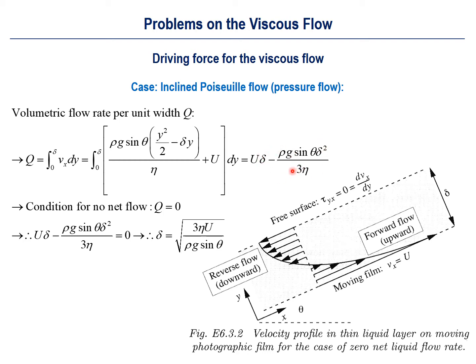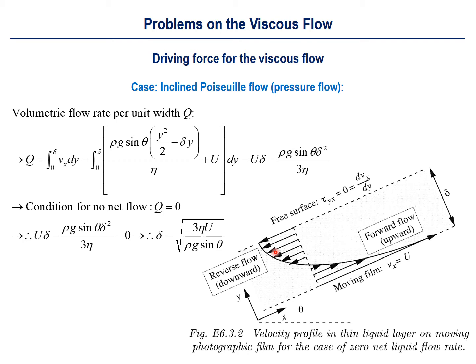Interestingly, we can think about a specific case in which the net volumetric flow rate is equal to 0, which means that the upper movement here and the lower movement make no net movement of the fluid, which means that there is no net movement or transport of the fluid along the x direction because these up and down movements will be cancelled out by each other.